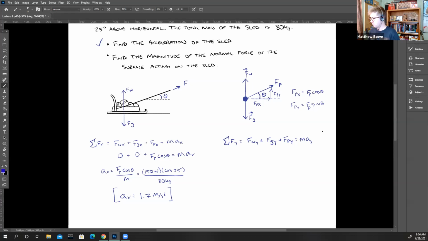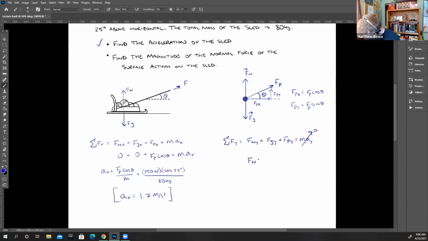Okay, so we know this sled isn't accelerating vertically. It's sitting on top of the ice, and its height is not changing, or its velocity is not changing up or down. So the vertical component of acceleration is 0. Let's bring this down. So the normal force in the y component is just the complete normal force.